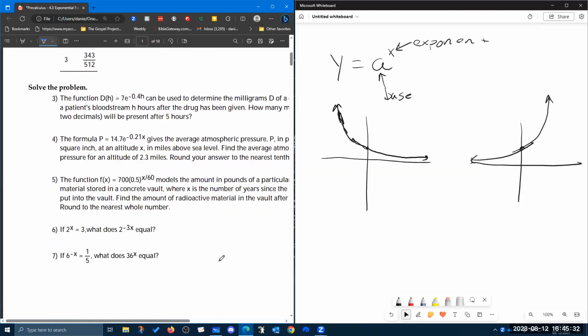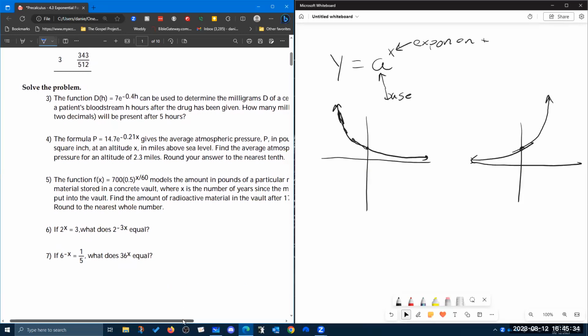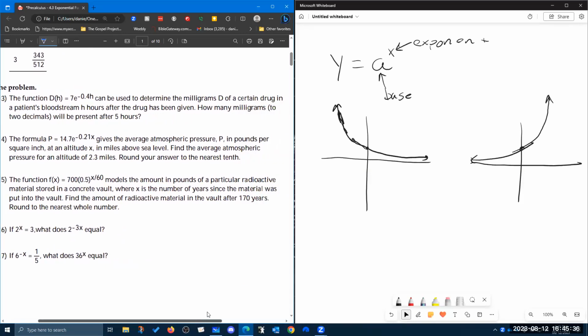Let's go ahead and work through some examples of exponential problems here.